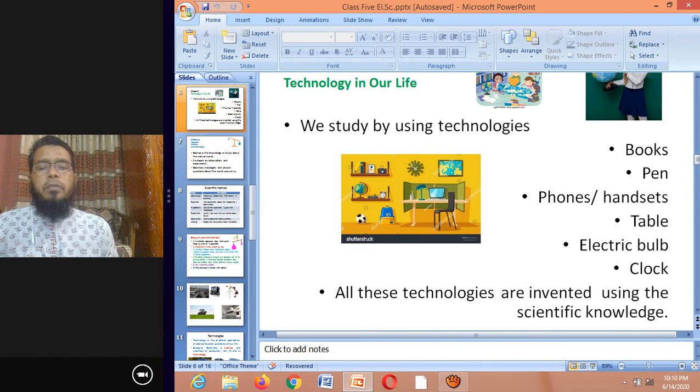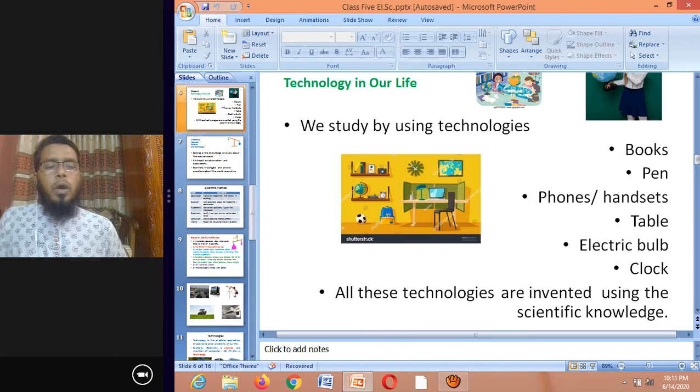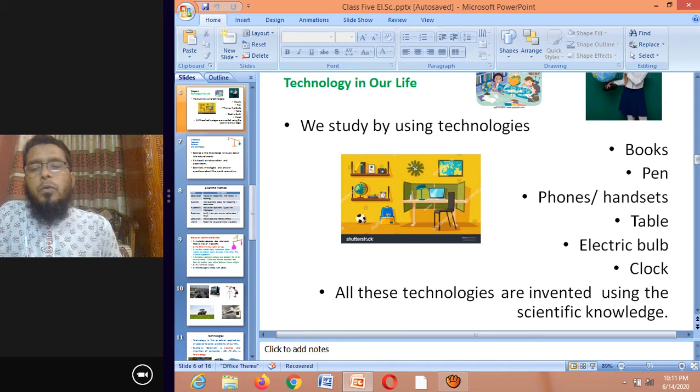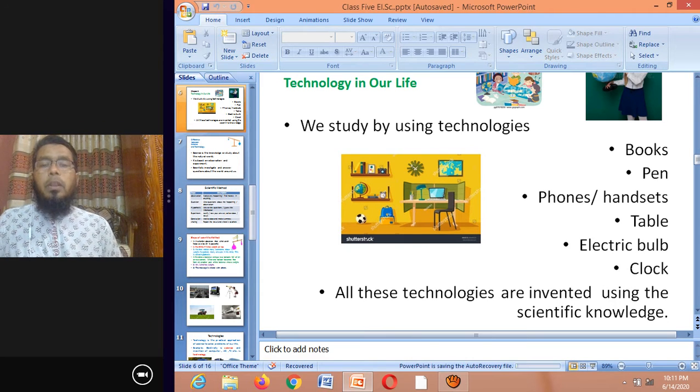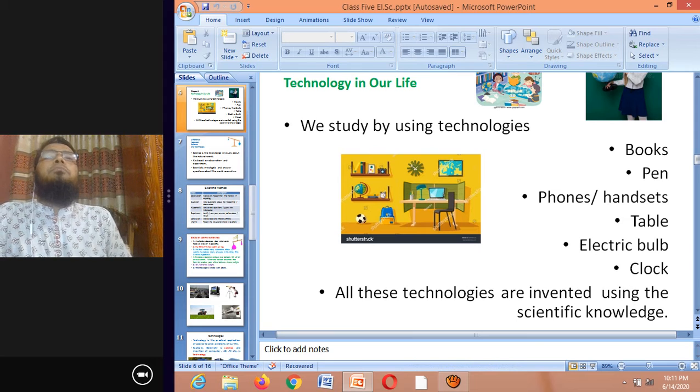So by using scientific knowledge, scientists have invented technologies, what we use, what we need in our day-to-day life. And we will learn the difference between science and technology.